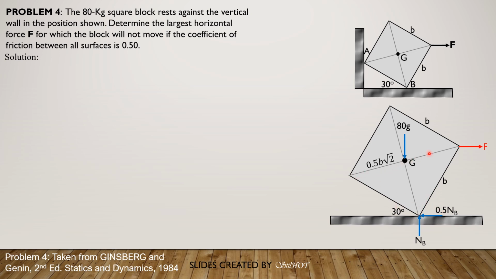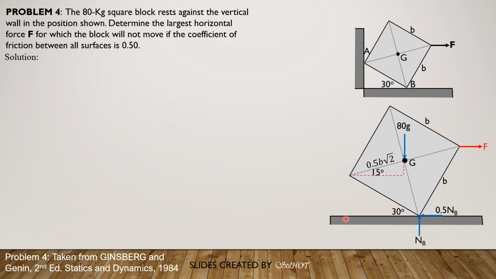And therefore, because this is the diagonal, and the diagonals are equal, this total angle here is 45. Therefore, the angle that this half diagonal makes with the horizontal is only 15 degrees, 45 minus 30 degrees. So this horizontal distance is 0.5 B square root of 2 cosine of 15 degrees.